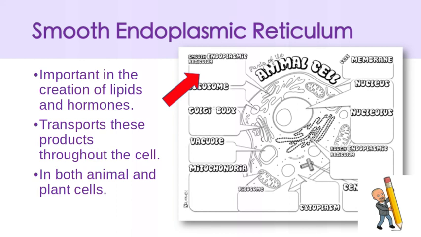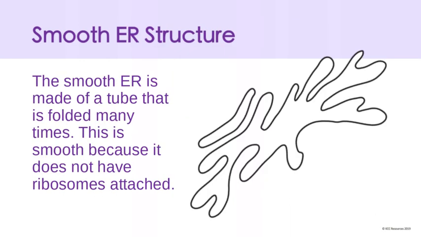So it specializes more in lipids and hormones as opposed to protein. So again, it's a tube that looks kind of folded up, but it's smooth because it does not have ribosomes.